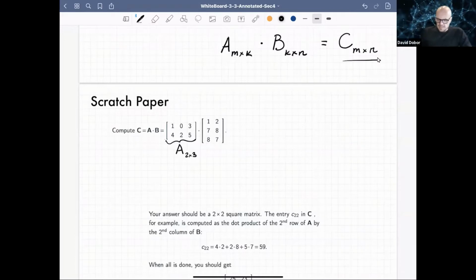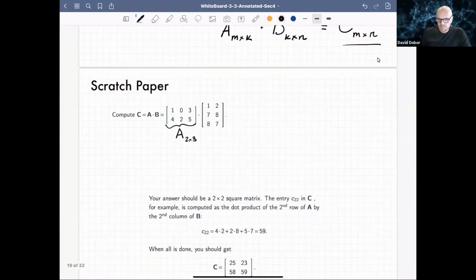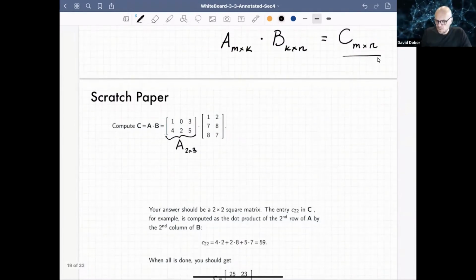One more thing real quick. Here in this slide, we see exactly how the multiplication is carried out, how to compute each one of these M times N entries.